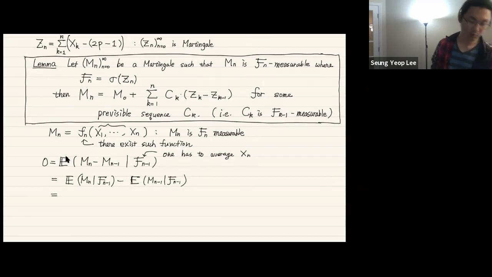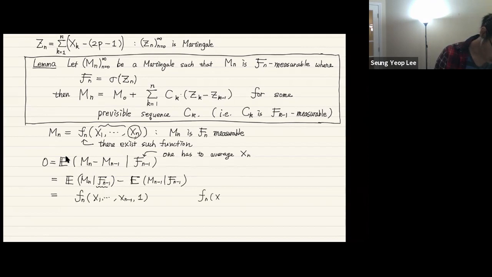In the first term, we have to average over xn because of this conditional probability. So what is the average? xn can be either 1 or minus 1. So it's x1 to xn minus 1, 1, or minus 1.